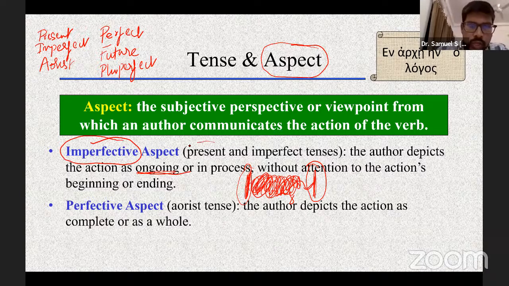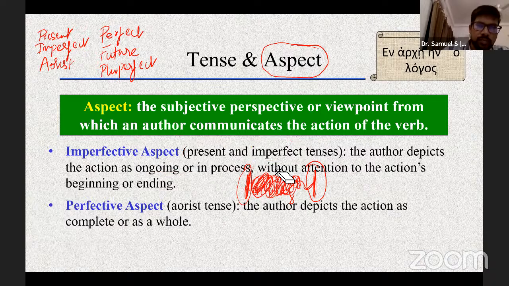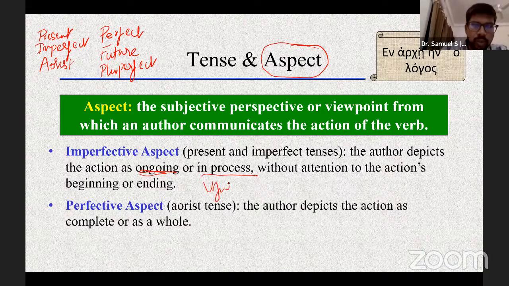So these two tense forms, present and imperfect, are communicating this aspect. What does this mean? It means that every time we see a present tense form, we have to find a way to communicate that the action is ongoing or in process or unfolding.